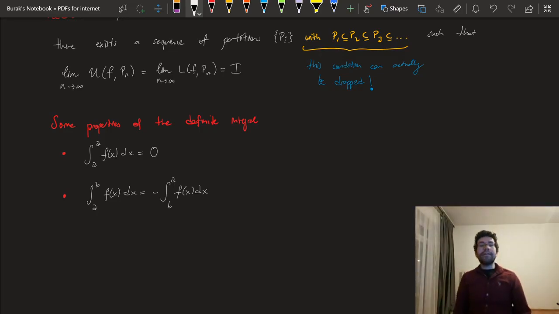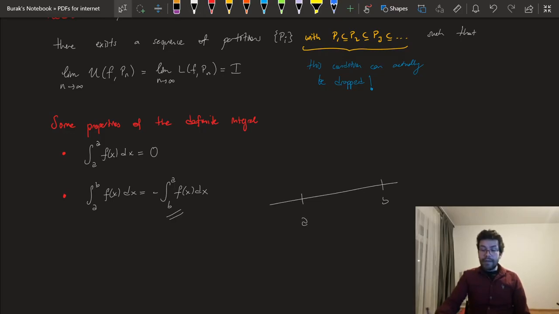Now we defined the integral of a continuous function over a closed and bounded interval [a, b], where a is less than b. But what if I try to define the integral from b to a while assuming that a is still less than b? Now, what you can do in this case is extend our definition in the following way.